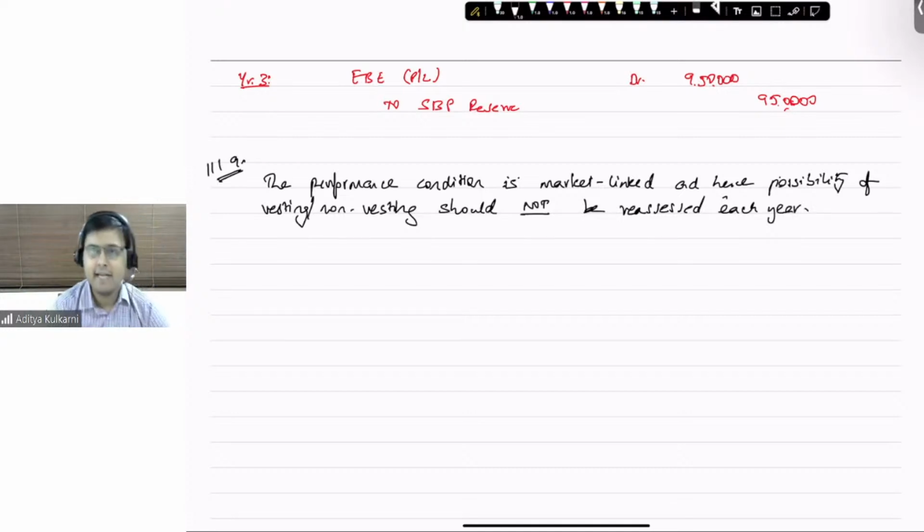It is already done in the fair value computation.